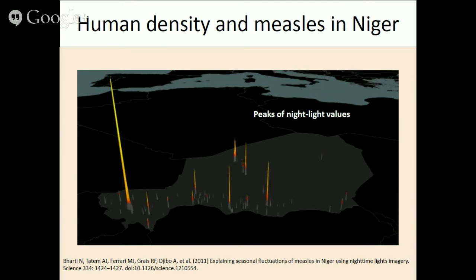So finally, this is a map in which they show the nighttime values across the study area, and you can see easily that the areas with high night light values are easily identified. So the authorities can use this kind of information to identify such hotspots from which interventions are required, or education or vaccine should be implemented.